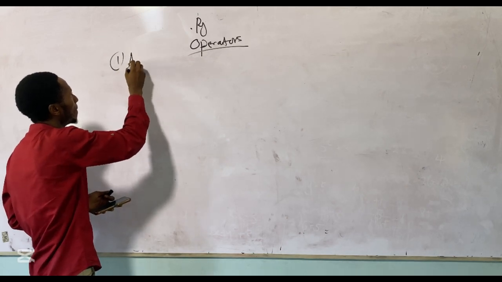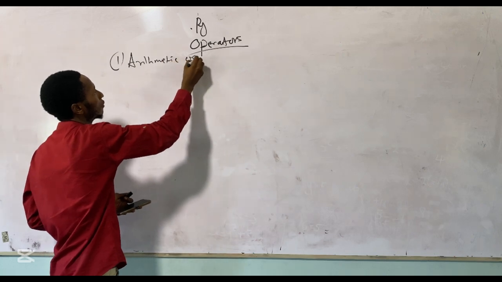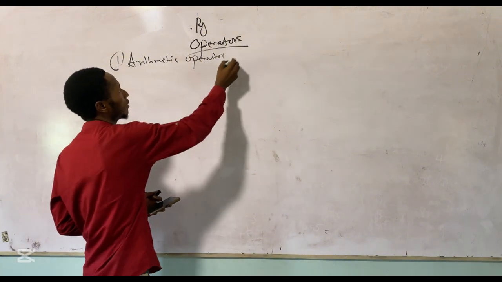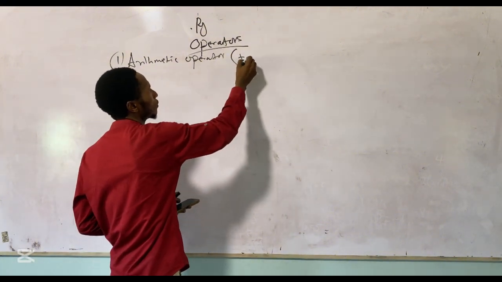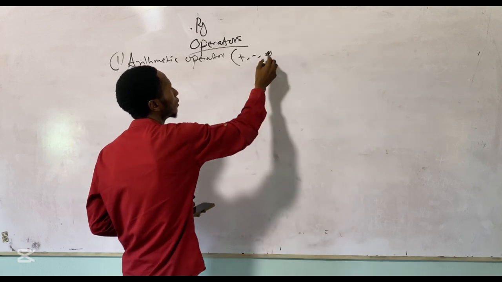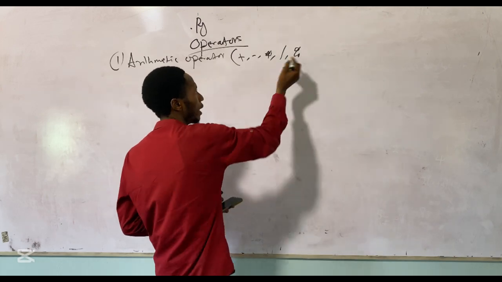We have arithmetic operators. So under this, we have the plus, minus, multiplication, we have the division, we have what we call a modulo.